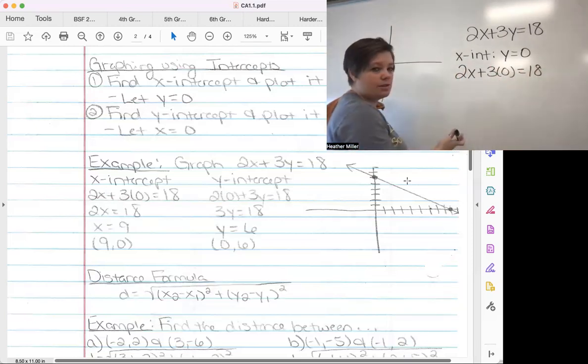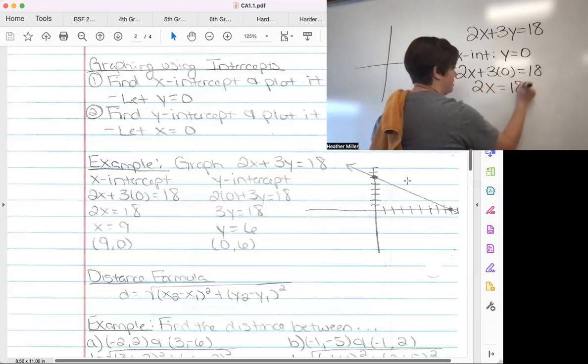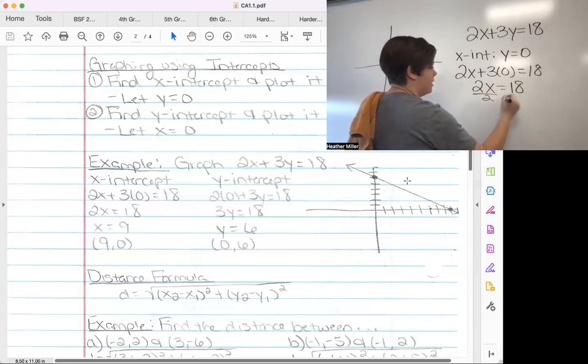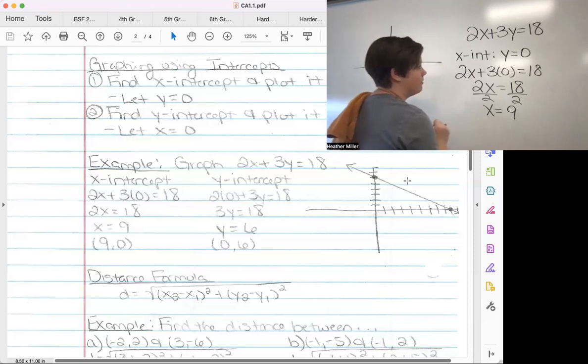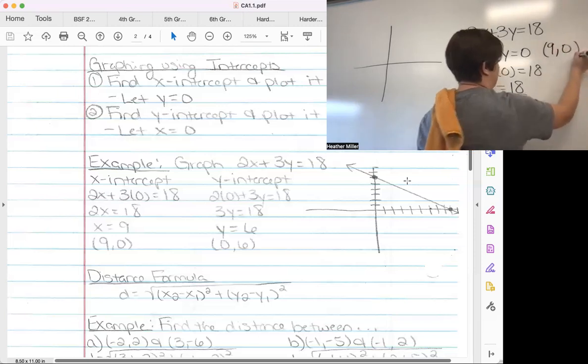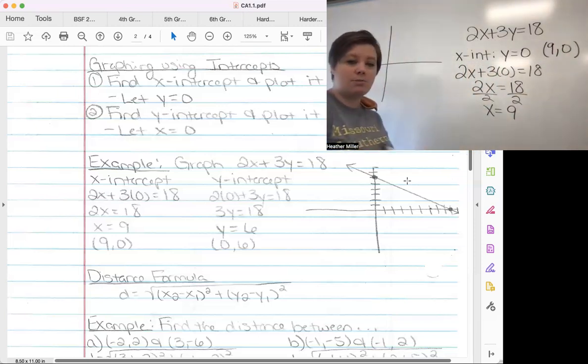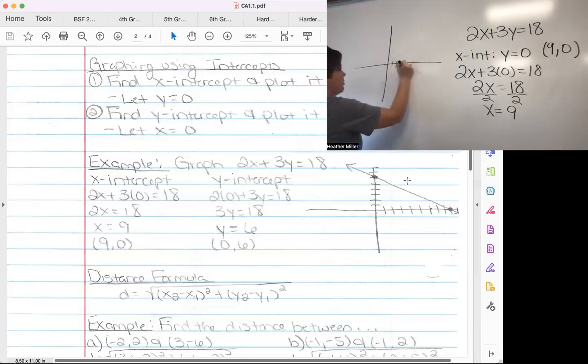Well, 3 times 0 is 0, so it's going to go away, leaving me with 2x equals 18. Divide both sides by 2, and I find that x is 9. So my x-intercept would be (9, 0), because x-intercepts always have x, 0. So I'm going to go ahead and graph that. 1, 2, 3, 4, 5, 6, 7, 8, 9.